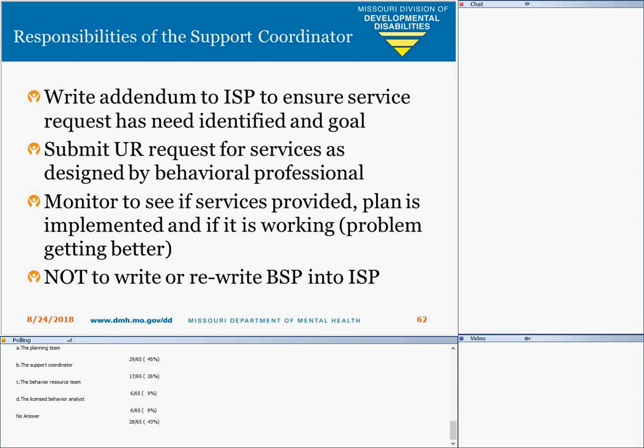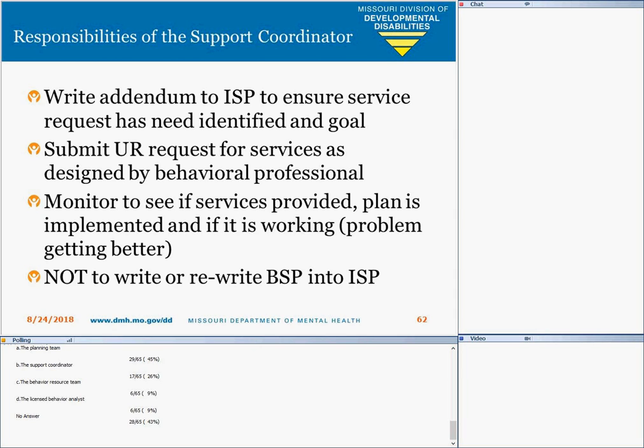That's going to require contacting the behavioral professional ahead of time and giving a brief description of the problem, and asking how many units of what services should I request? And then the support coordinator is responsible to monitor to see if those services are provided.